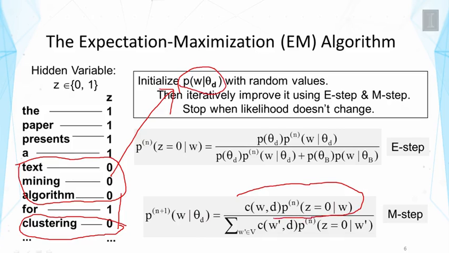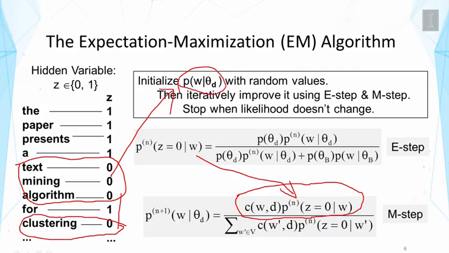So we're going to adjust the count by the probability that we believe this word has been generated by using theta sub d. And you can see this, where does this come from? Well, this has come from here, right? From the E step.